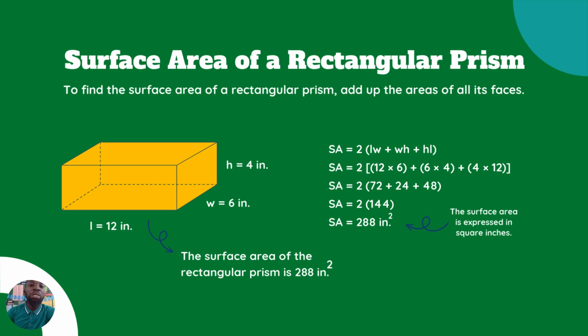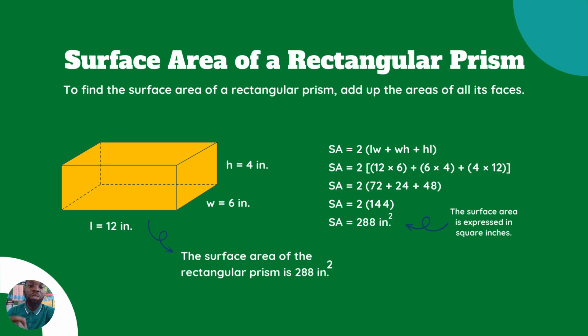All you have to do is to substitute the values. The length is 12, while the width is 6. So all you have to do is multiply 12 times 6 to get the LW. Multiply that. Then you go to the next one, WH.